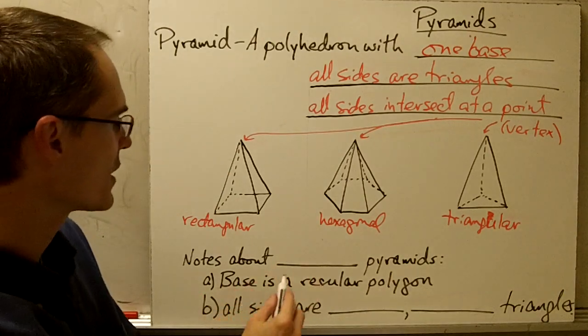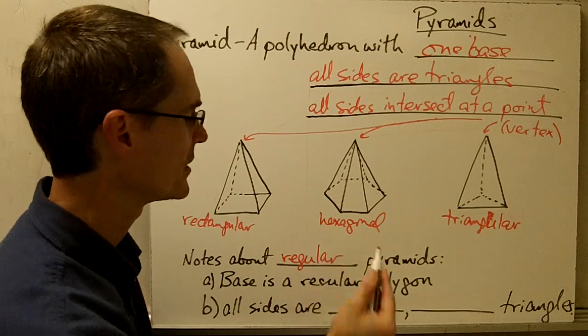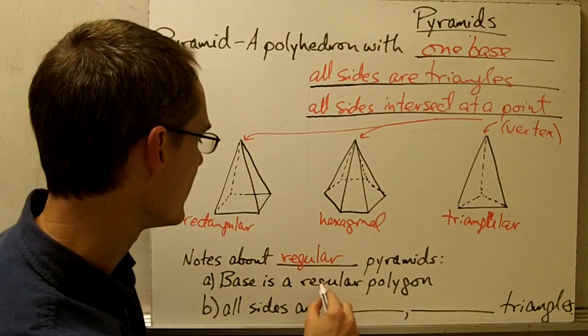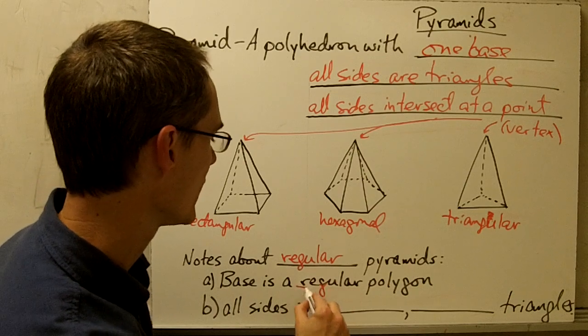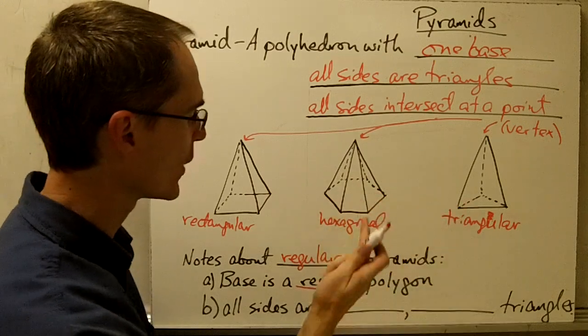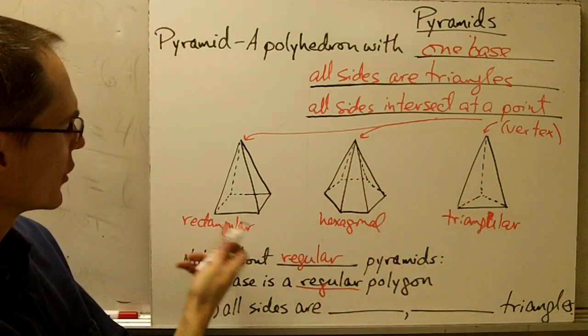And now I want to make a few notes about what we're going to call regular pyramids. Those are the kinds of pyramids that we're going to be studying. A regular pyramid has a base that is a regular polygon. So all of these bases are regular polygons, a regular triangle, a regular hexagon, a regular rectangle.